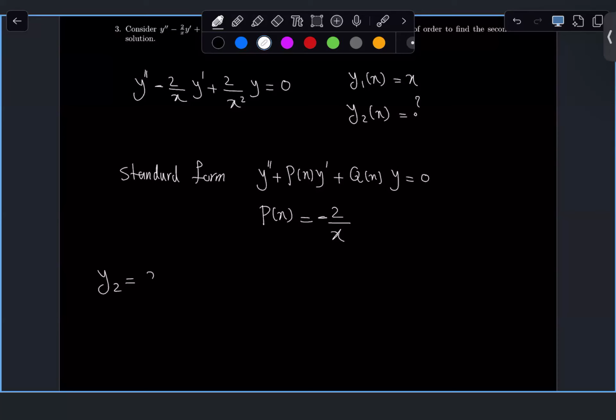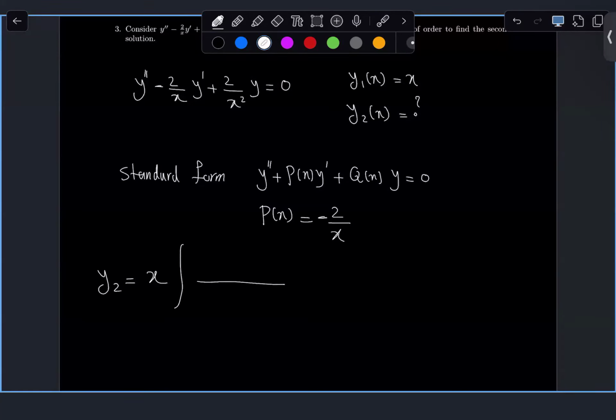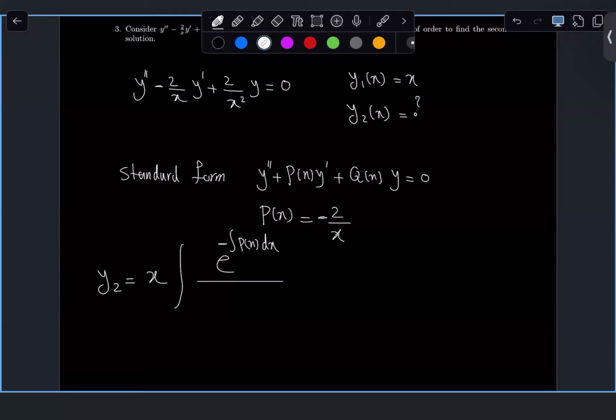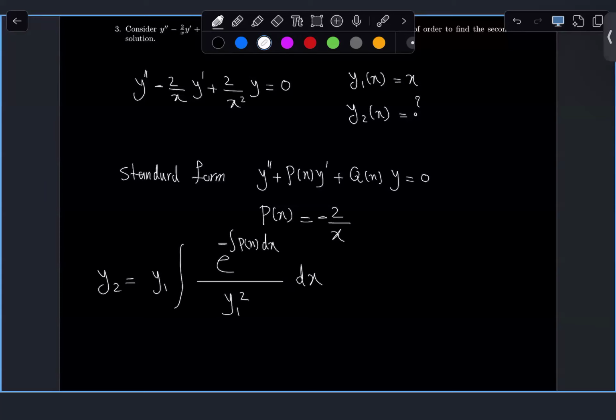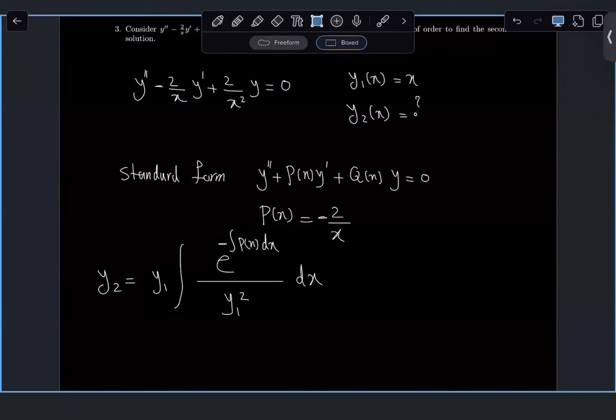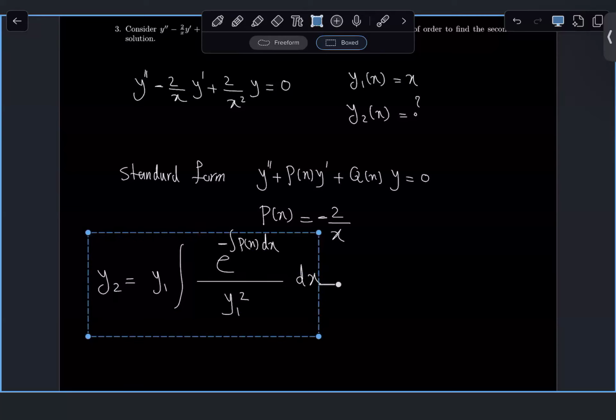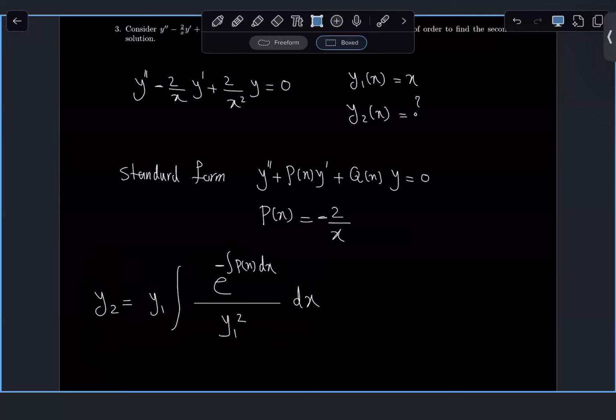It's y2 equals y1 times the integral of e to the negative integral of P dx, divided by y1 squared, dx. So you have two integrations, right? And you're integrating this whole fraction, not just the numerator. It's everything together.